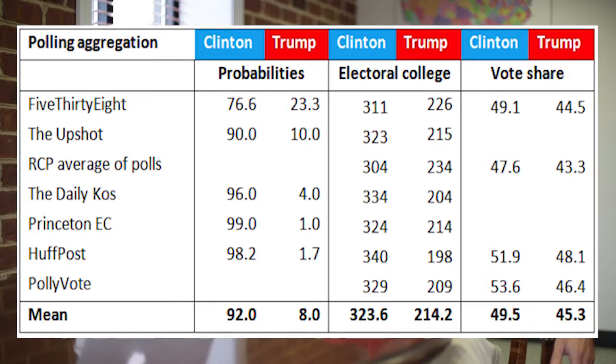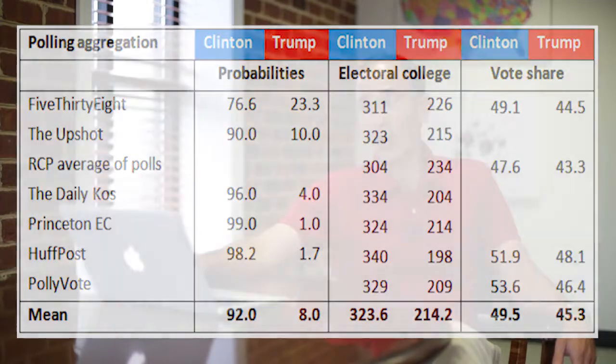The day before they had it at 90%. The Real Clear Politics average of polls had it at 96%. The Princeton estimator had Hillary Clinton's probability of winning at 99%, and the HuffPost had it at 98%. Well, as we know, that is not what happened at all.